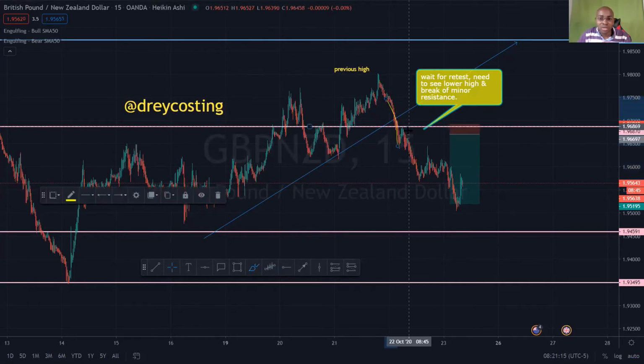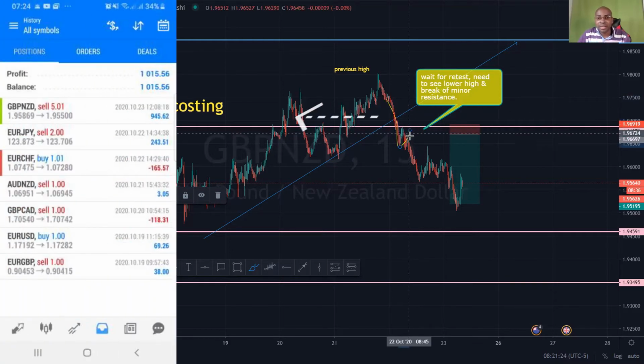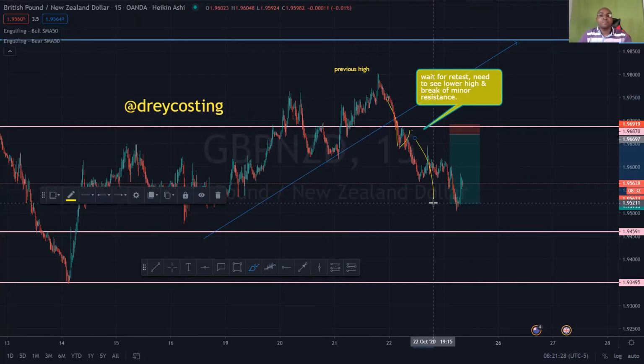And it also broke this minor resistance, retested, and respected the minor resistance. When it actually retested, I entered, and it came down here. So it's a simple textbook trade that I always do. So this is the GBPNZD, and this is a trade that I called out in my group for the week.